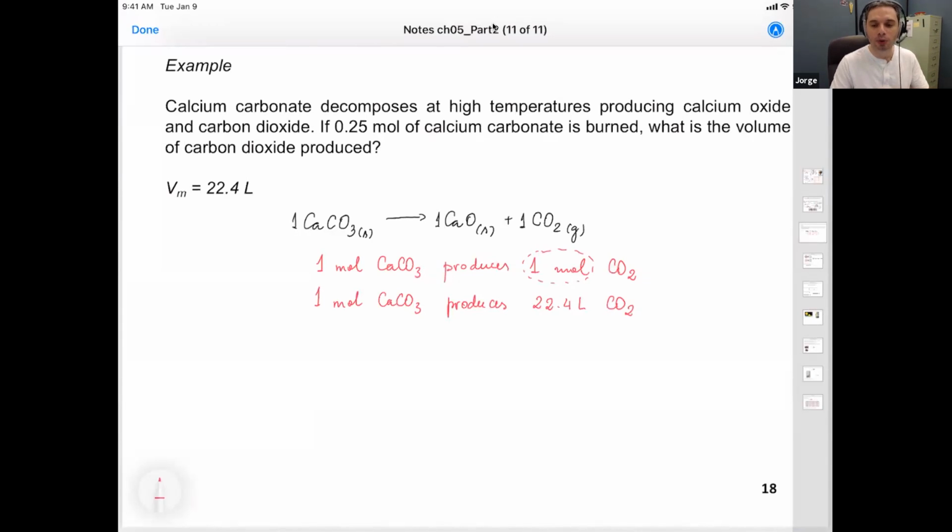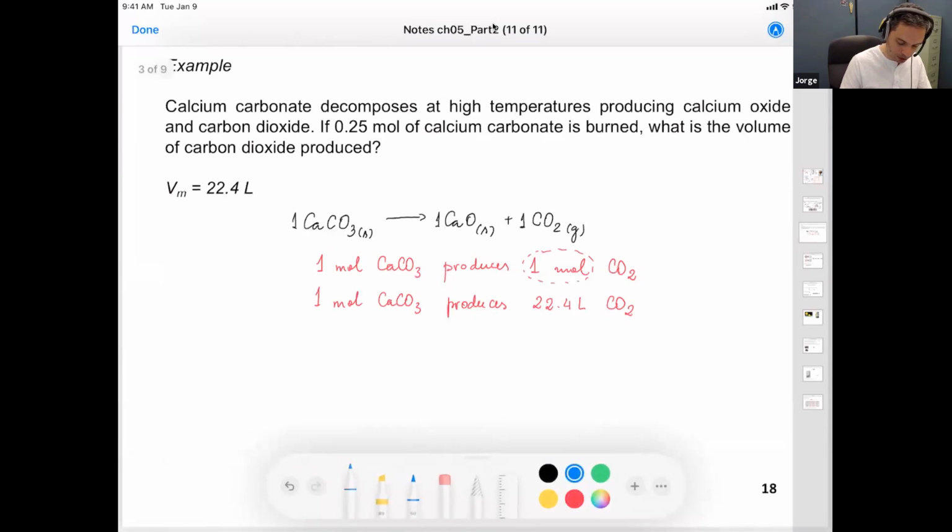I can do this replacement because CO2 is a gas, and 1 mole of any gas has a volume of 22.4 liters if we are operating under STP. Okay, so that's the relationship that I can get from the equation.